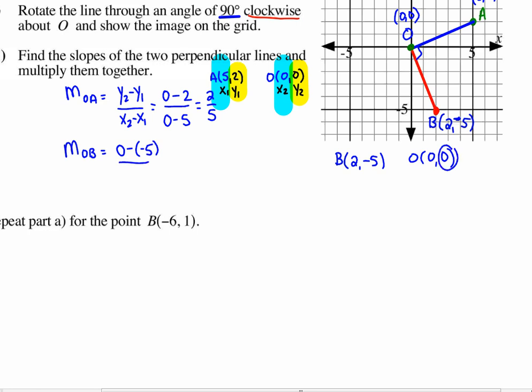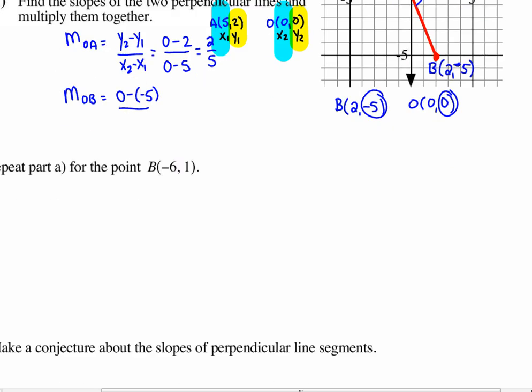So y2 minus y1 divided by 0 minus 2. Okay. What happens when you subtract a negative? Plus. So 5 over negative 2, or negative 5 over 2.